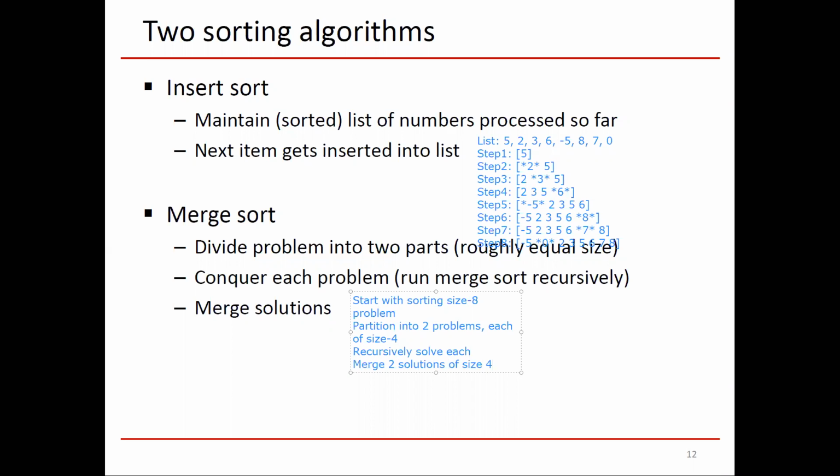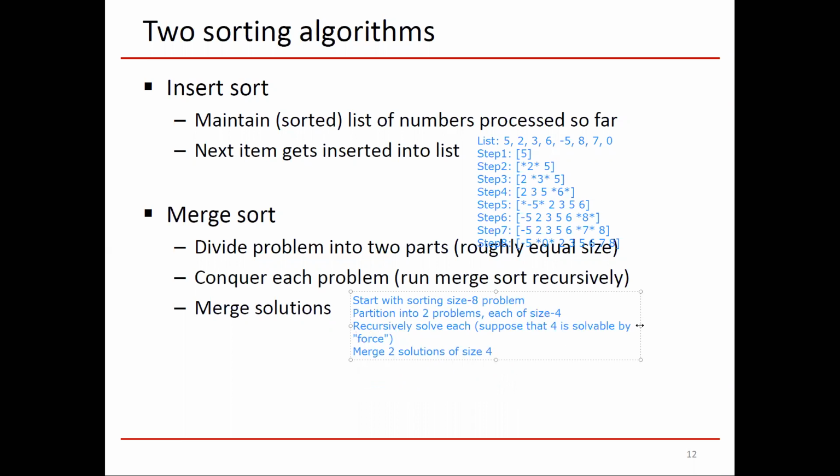Now, for now, suppose that 4 is small enough, we just run it, okay? Suppose that 4 is solvable by brute force. Force meaning, whatever method you want, including insert sort.